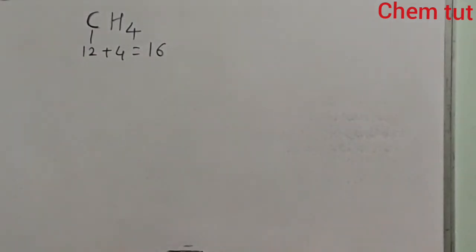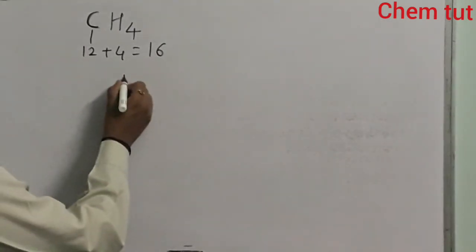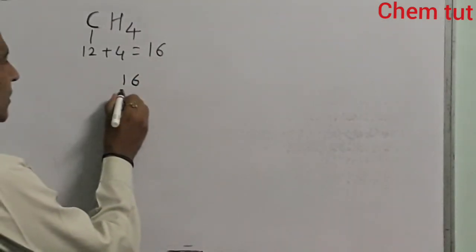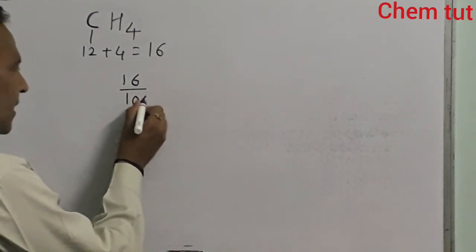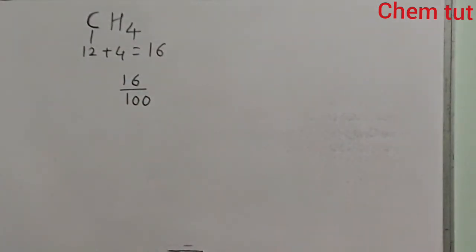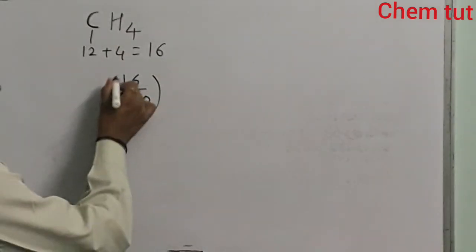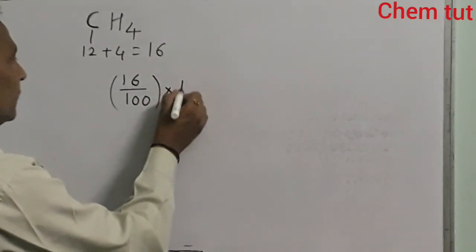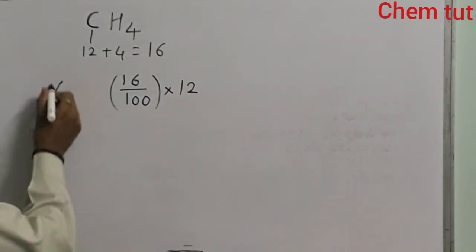Now what is the common factor to calculate percentage of every element? The molar mass, 16, never changes, and the 100 for percentage also never changes. So these two are constant figures and therefore this is the factor. If I multiply this by 12, I will get percentage of carbon.